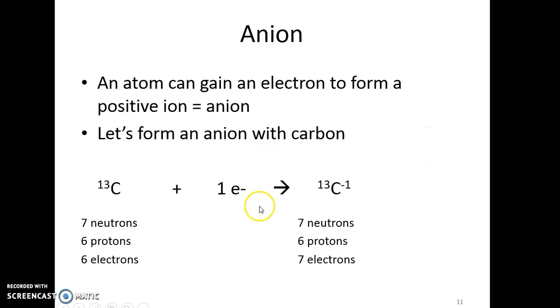So here we get 1 electron from somewhere, and when we join it up with carbon-13, it can jump into its electron structure. Now you have an additional electron inside the atom, and because there are 6 pluses and 7 minuses now, the overall charge is a negative 1. So keep in mind, loss of electrons gives a positive charge, gain of electrons gives a negative charge. Students get very confused on this, so keep it in mind.